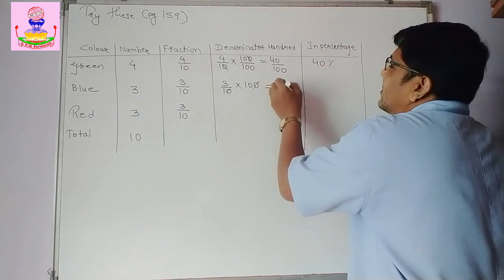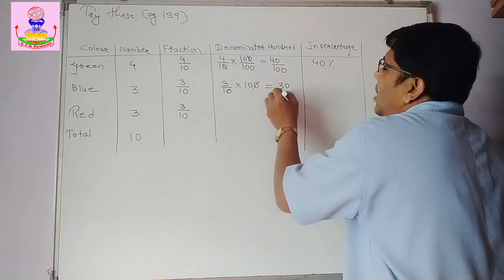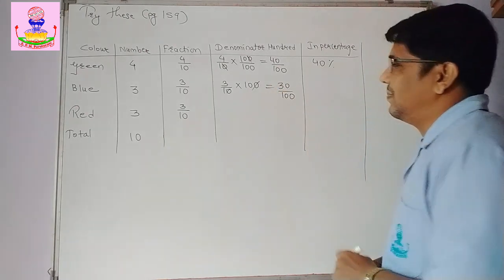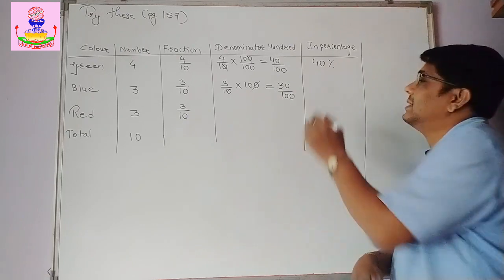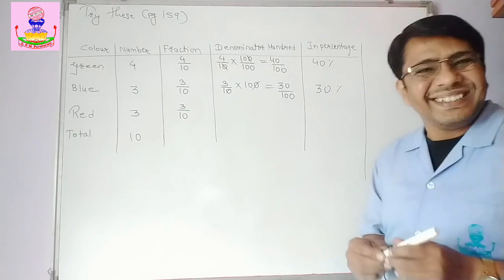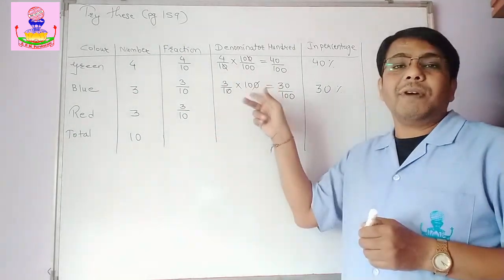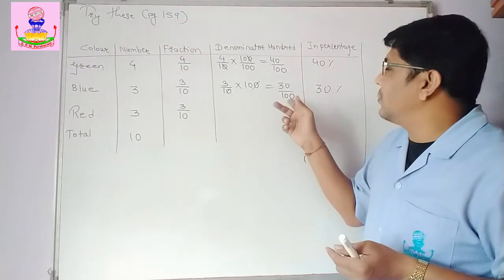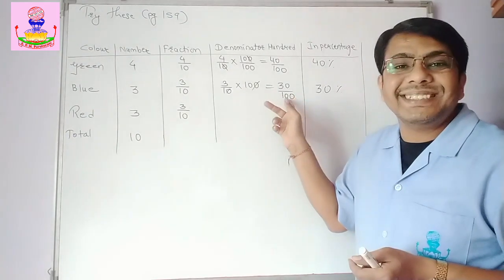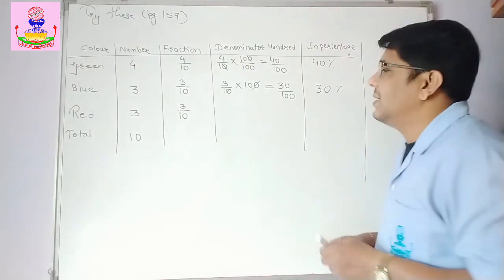Okay, so 3 tens are 30. Okay, so 30 upon 100 and 30 upon 100 means 30%. Okay, this is unitary method. 3 out of 10. So out of 100 how many? Otherwise you will say how you got here denominator 100. Okay, so this is unitary method.